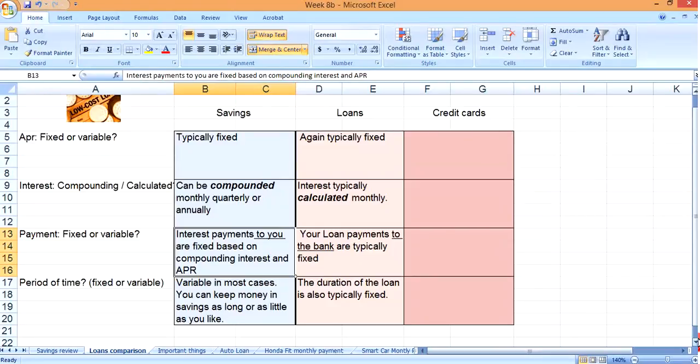The period of time for a loan is also going to be fixed. You walk out of the car dealership and they say, okay, you owe us this money for this car, and you're going to pay us this much every month for 5 years. And at the end of that 5 years, you will have paid off that loan. So with student loans, typically you're going to look at a 10-year window.